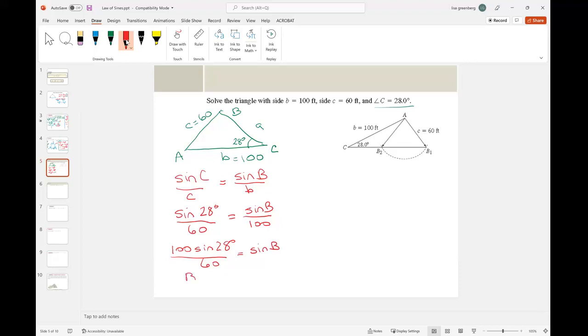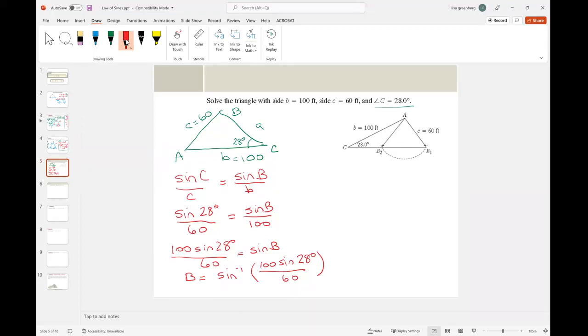So I can find out that B is equal to the inverse sine of 100 sine 28 degrees divided by 60. So far that makes sense, right? Okay, good. Let me see what number I get.